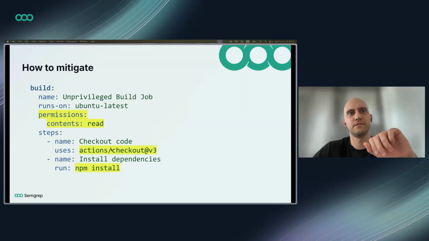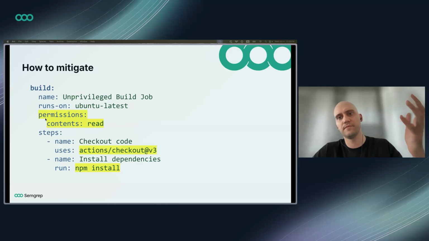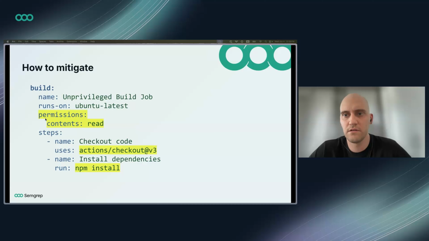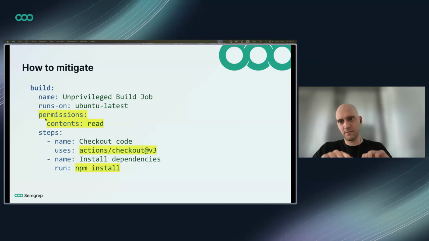We get the code, run npm install, but the permissions are read-only. As we showed before, there's basically no impact, no point in trying to run any code on this. And when we do all the activities we want, I omitted it here in the example, but if you want compiled code, we can turn it into an artifact and pass it to another job.